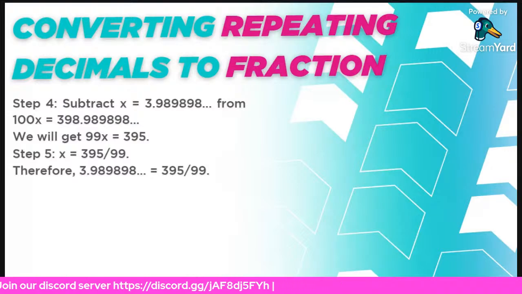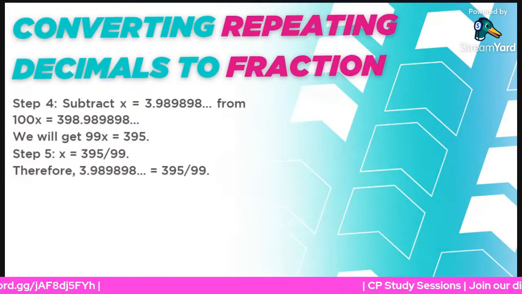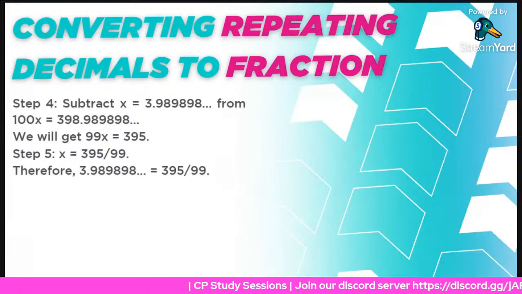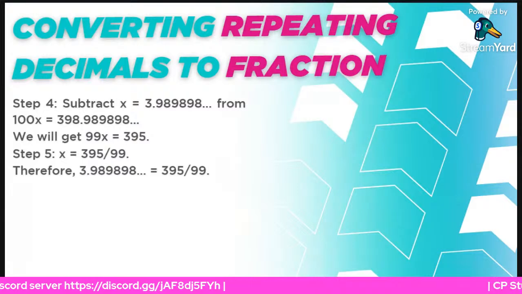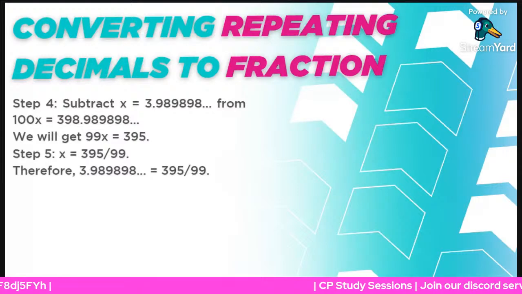So, kapag 99x over 99, maka-cross out ang 99, and then sa other side, mananatili. Yes, divide both sides. So, therefore, 3.989898 bar is equivalent to 395 over 99. Gets na ba?